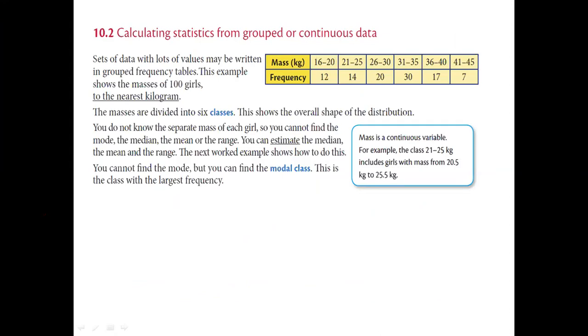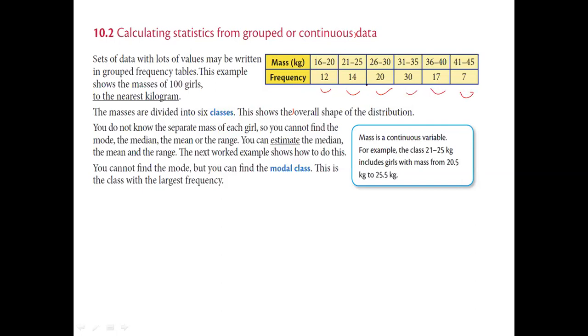If you remember previous lessons, we had learned some terms, for example, mode, median, mean and range. As you see here, we have 100 girls, 100 students, but they are in different classes: first, second, third, fourth, fifth and sixth.